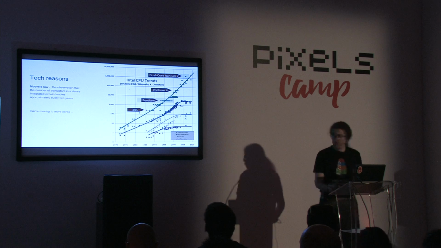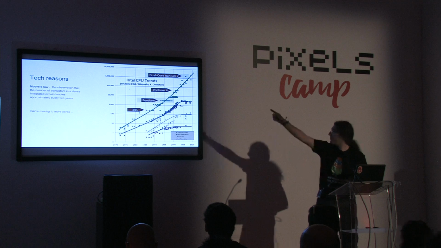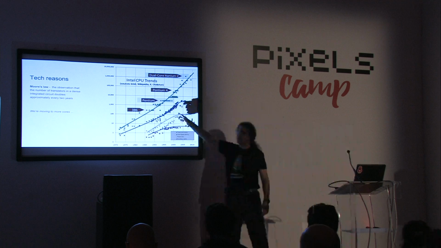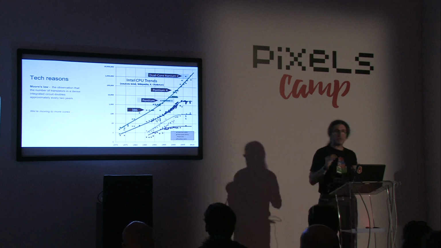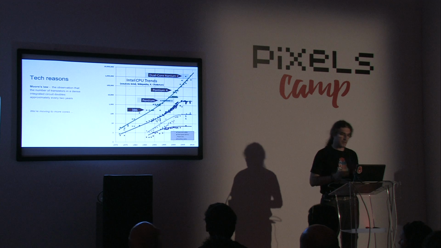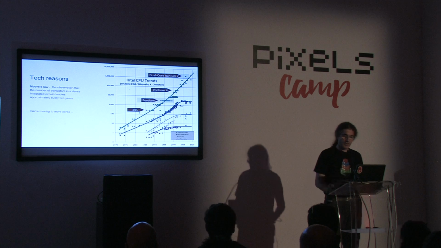And although you can see that the trends here start dipping, because we kind of are reaching the limits of how small we can make the transistors with the current technology, if you see the graphic, it keeps rising.